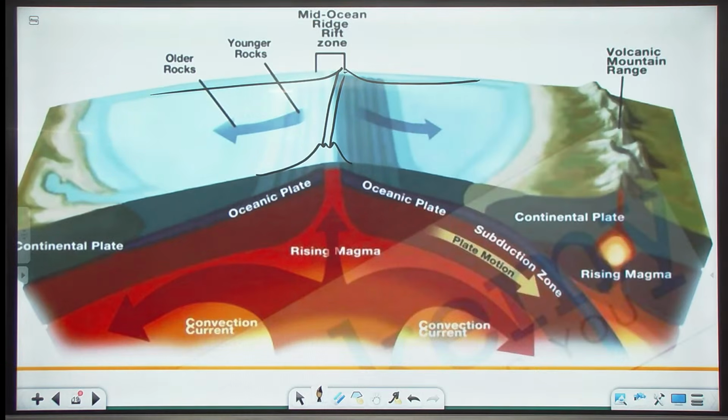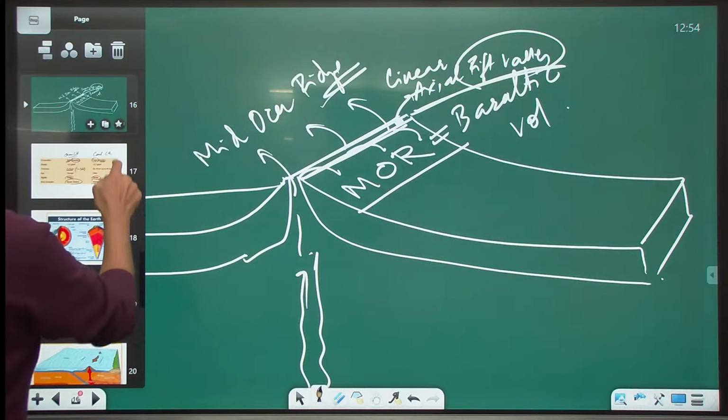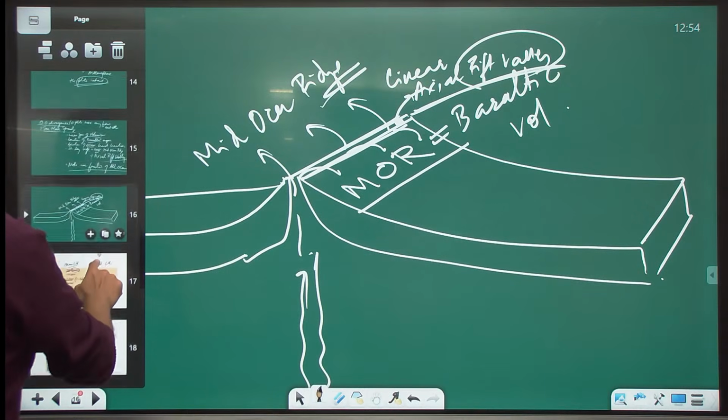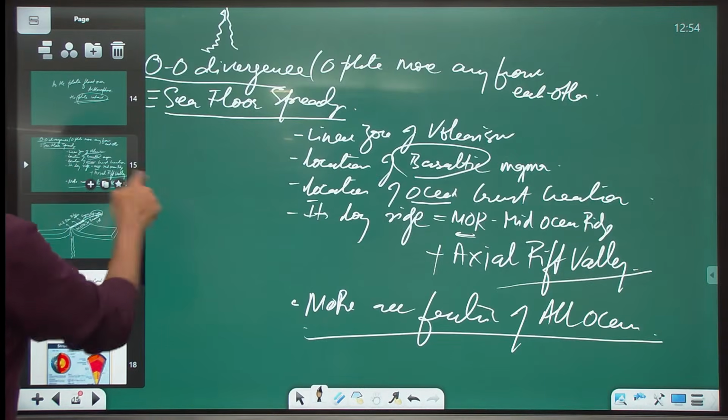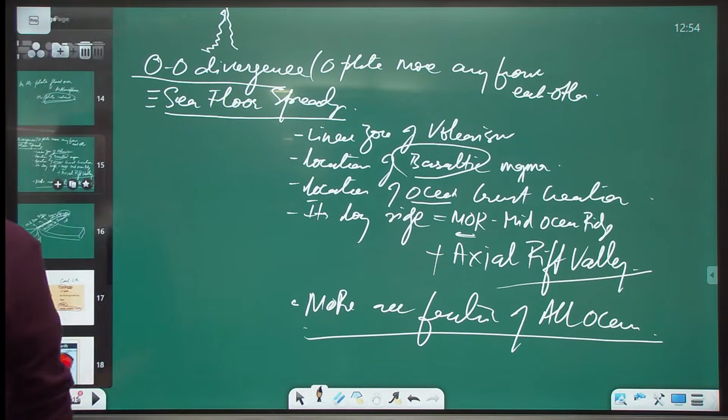The moor system here. All fine, all of you? So, this is one type of interaction. ये वाला ocean divergence and sea floor spreading.